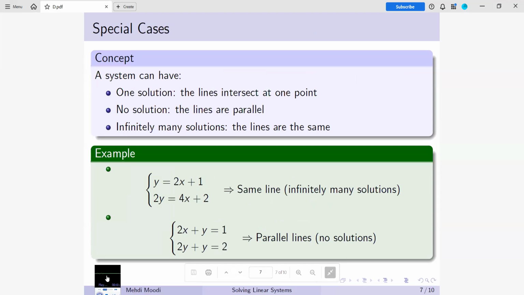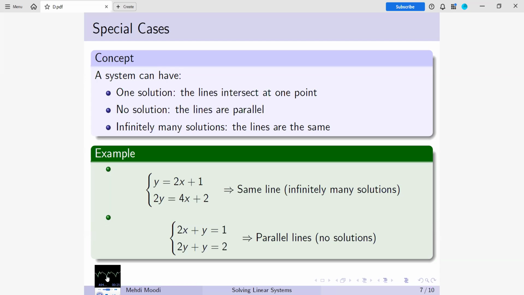When solving a system using elimination, you may encounter three outcomes, each with its own algebraic fingerprint. If the lines intersect at one point, you'll get a unique solution, just like normal. If the lines are parallel, elimination leads to a contradiction, like 0 is equal to 5. This tells you there's no solution.